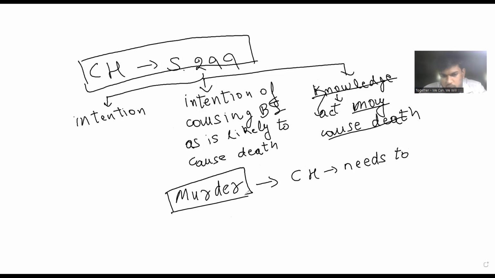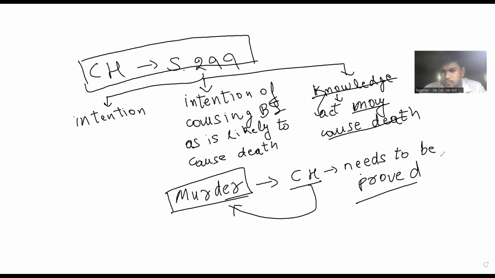Firstly, you will prove culpable homicide and then we go into murder. Now let's first give a direct reading of section 299 and then I'll once again give you a brief about it, and thereafter we will be starting with section 300.